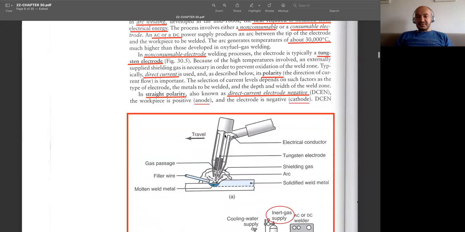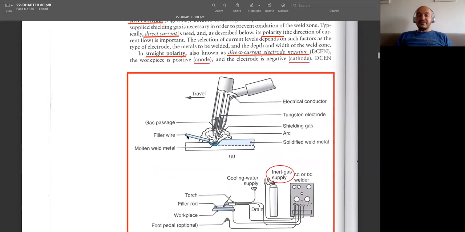And you can see in this torch that at the center, we have the tungsten electrode. But again, if the gap between the parts is a bit larger, then we need to use filler wires, filler metals, and they should be compatible with the parts actually, which is going to be joined together.